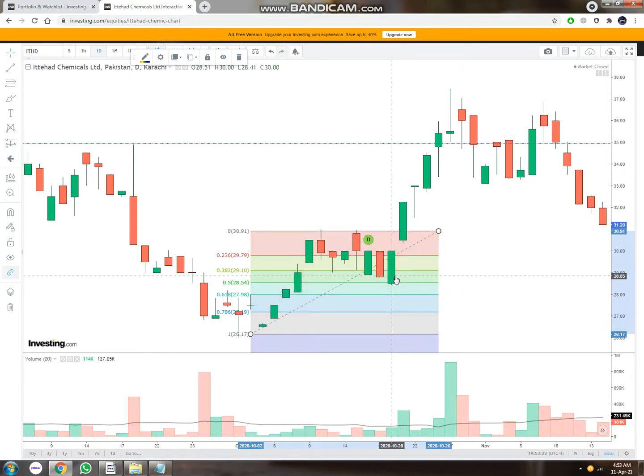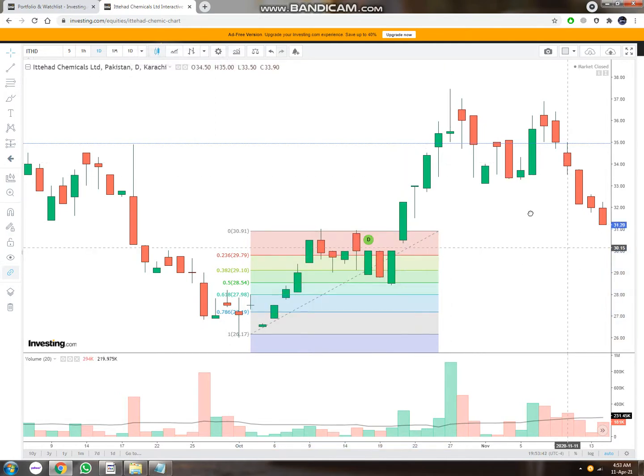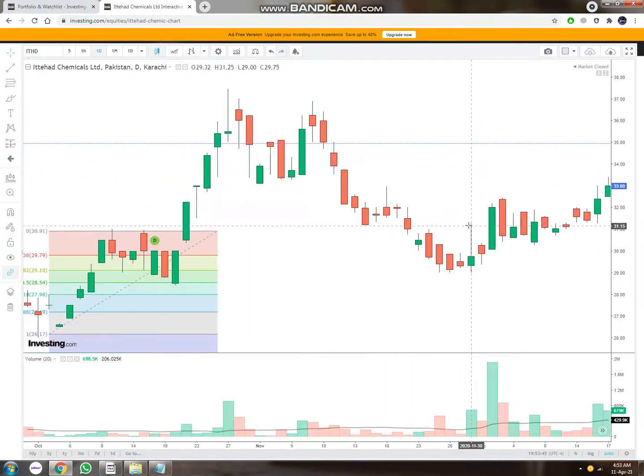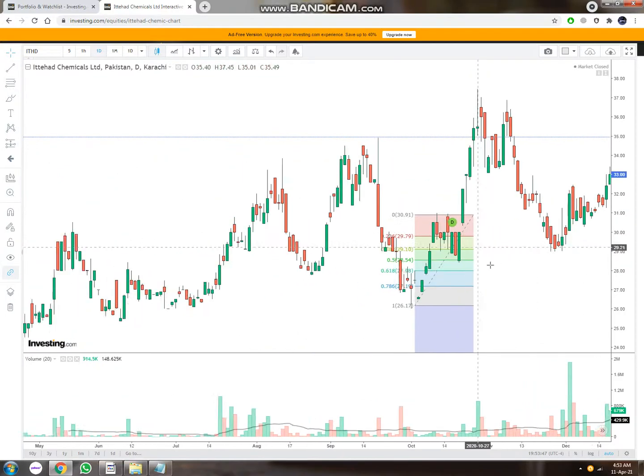So if you want to enter at this level, take this level as your risk margin, your stop loss. Mark this area as your stop loss. If it reaches this level, you will have to sell your stock, and then find another stock to invest in.